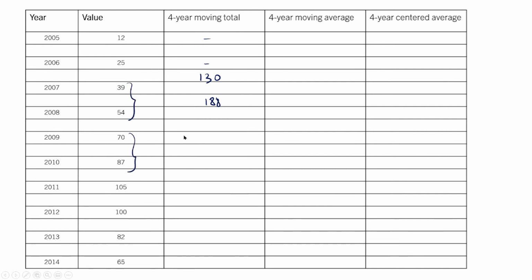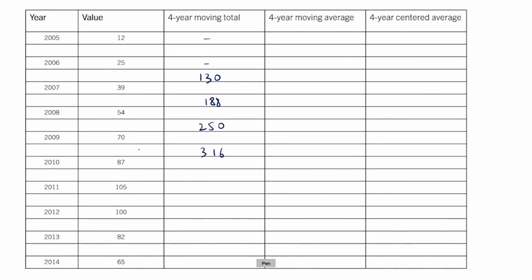So it is 39 plus 54 plus 70 plus 87. So it is 250. And for the next one, 54 plus 70 plus 87 plus 105. It is 316.